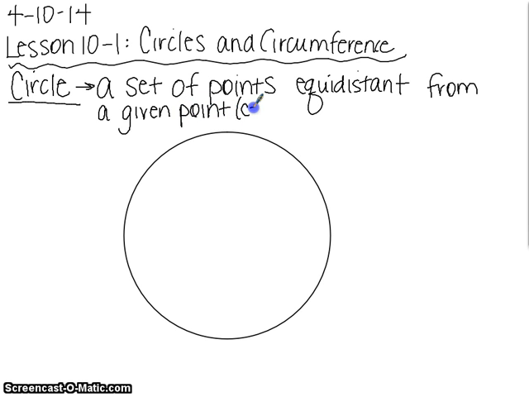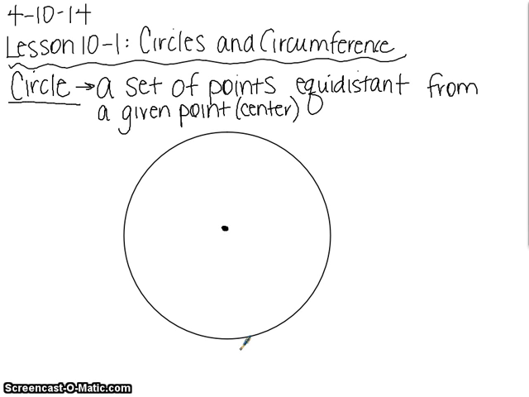And that given point we refer to as the center. Okay? So a circle is not like a full disk, all right? It's just the set of points that go all the way around the edge that are all exactly the same distance from a given point, which we call a center, the center point. So all of these points, so this is really like hollow in here. There's nothing here. It's just the outside ring. It's not really a flat disk, okay?